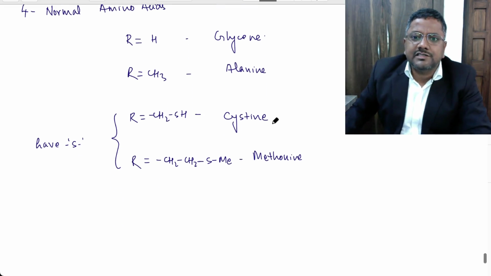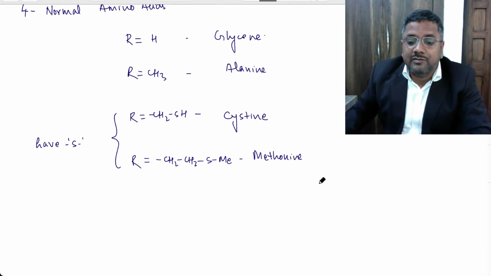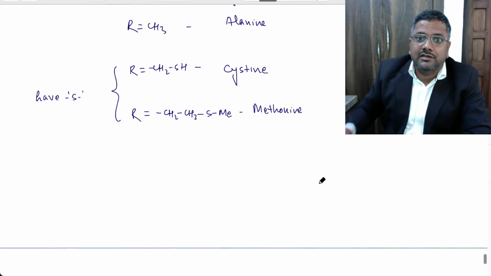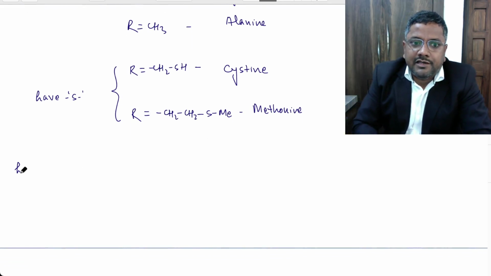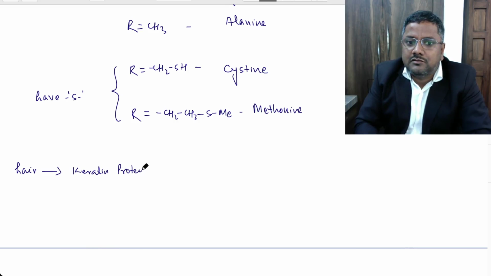Now see this cysteine, very interesting. Cysteine and methionine, these are very interesting alpha amino acids. Here basically keratin protein. Protein means water insoluble.